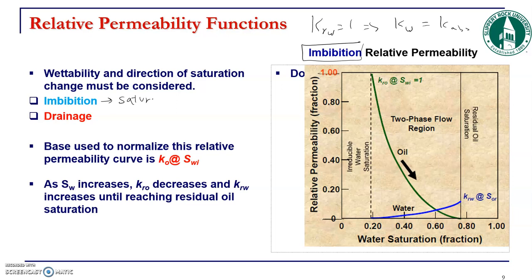So the saturation of the wetting phase increases inside your core sample or your reservoir or your porous media. And drainage was a process where the saturation of the wetting phase decreases as the process continues, right?